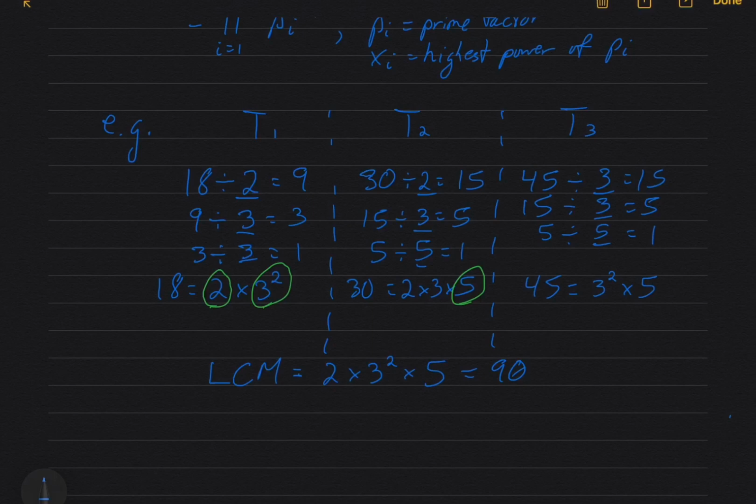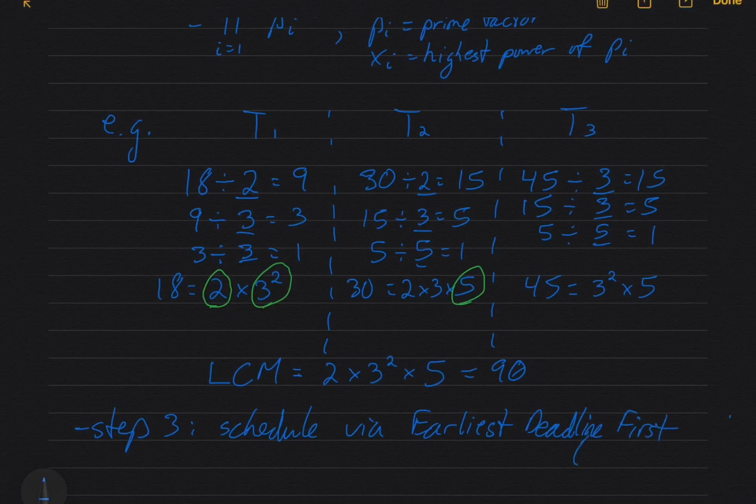Alright, so that's step 2, is figuring out what's the minimum size schedule that will capture all the different periods evenly. And step 3 is to schedule via a technique called earliest deadline first, or EDF.